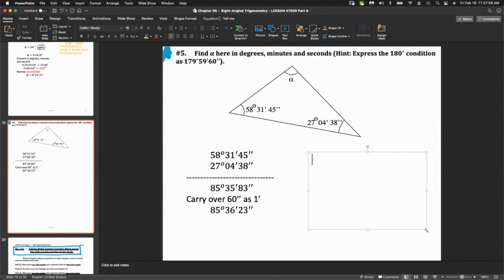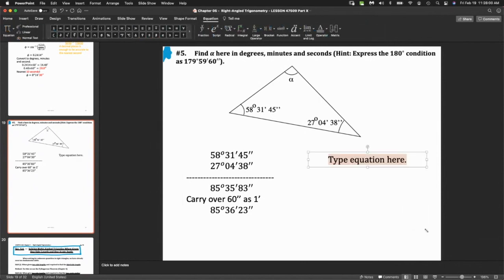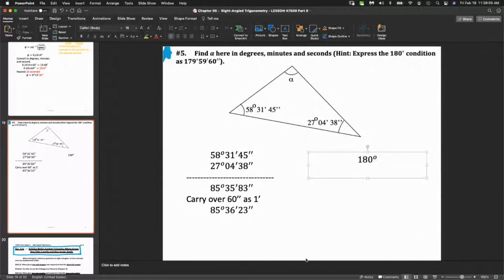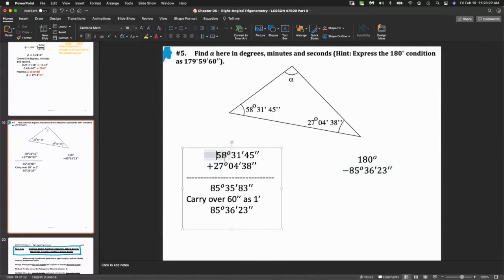Now we have to do the second step, which is to do 180 degrees, and then take away this. But we don't have a way of doing that because we need to borrow.